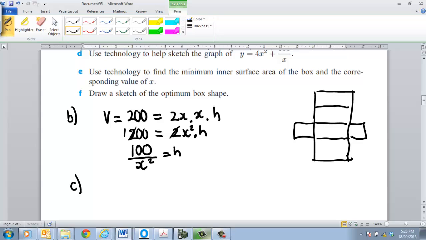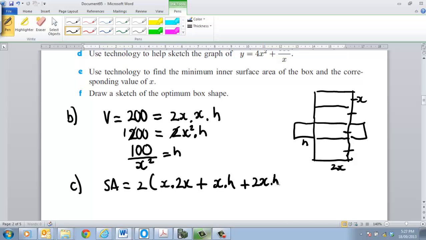There's a dimension of x on these, 2x over here, and a height of h. The surface area of any of these boxes is two lots of each of the sides, so it's x times 2x, plus x times h, plus 2x times h.